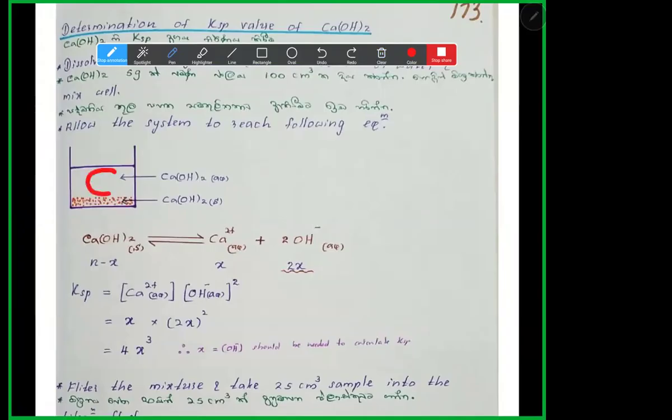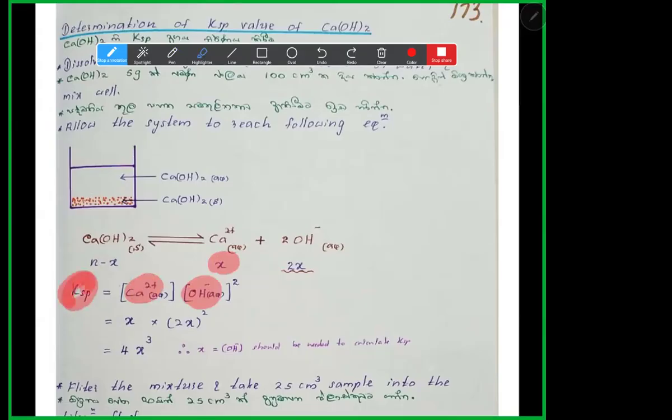Then we're going to take a portion of this out and titrate. Calcium hydroxide dissociates into calcium 2 plus and 2 OH minus. The stoichiometric ratio is X to 2X. If you find 2X, 2X equals the hydroxide concentration, and X is the calcium 2 plus concentration.